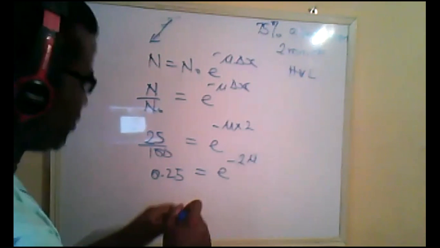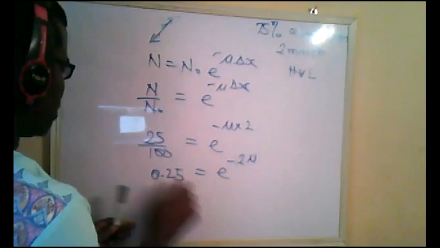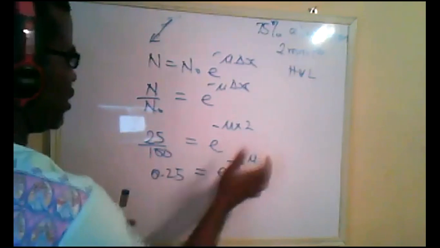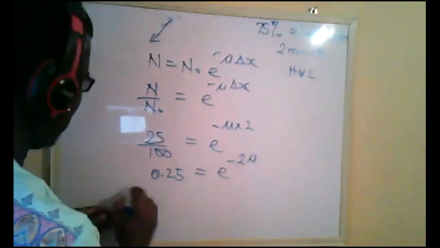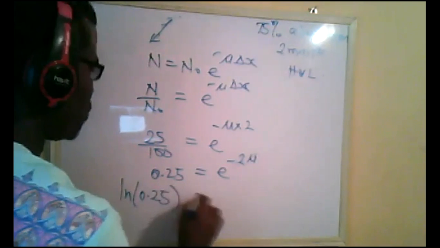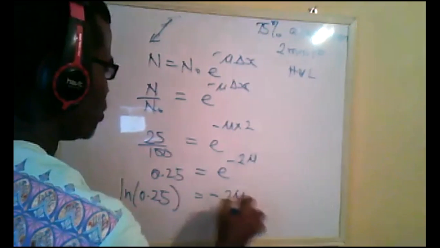Can somebody help us with the natural logarithm of this? The natural logarithm of 0.25 is equal to the natural logarithm of the whole of this, which will give us minus 2 mu.